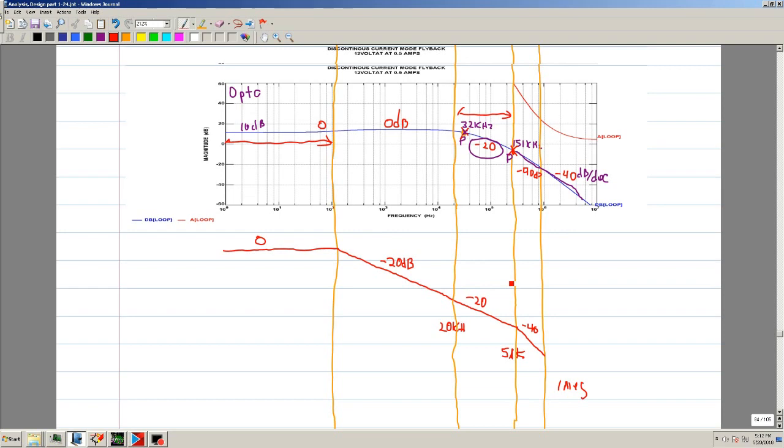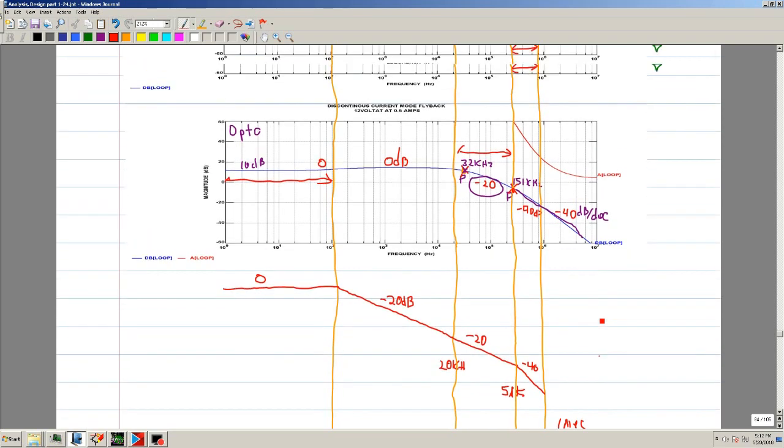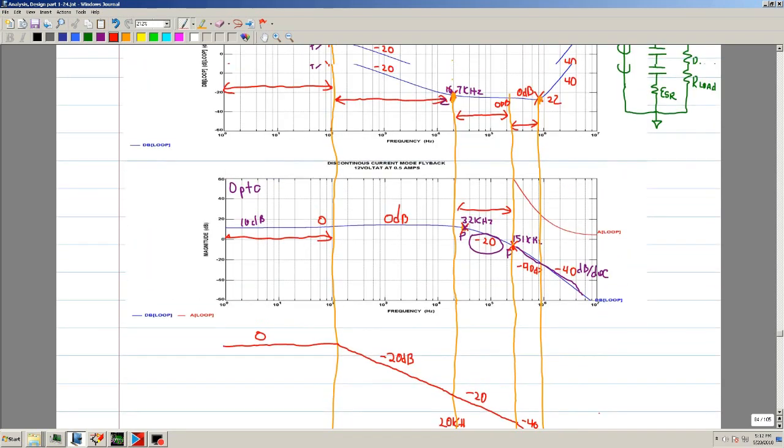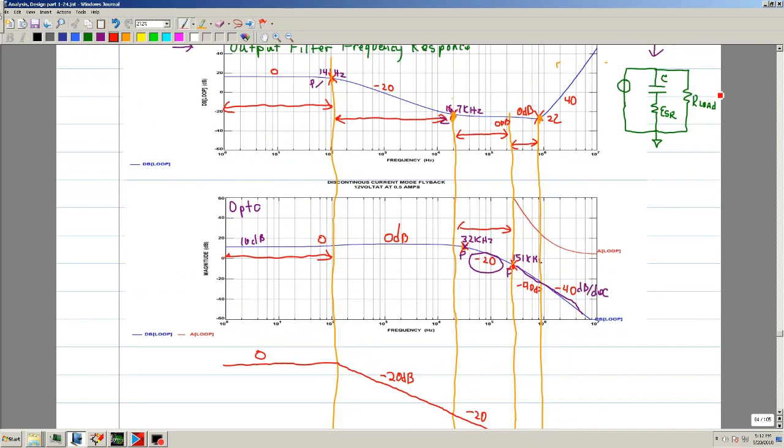And then the last is this interval from here to here. This is positive 40, it has an upward slope. This is a negative slope. So they cancel each other.